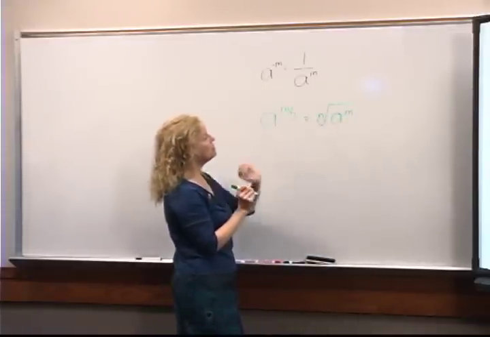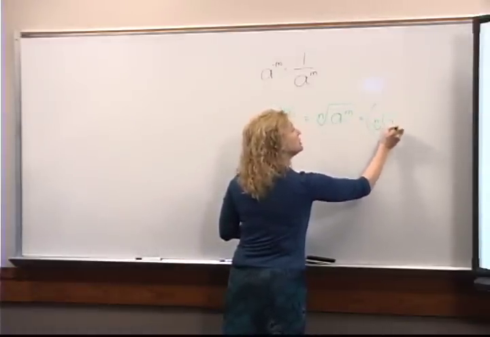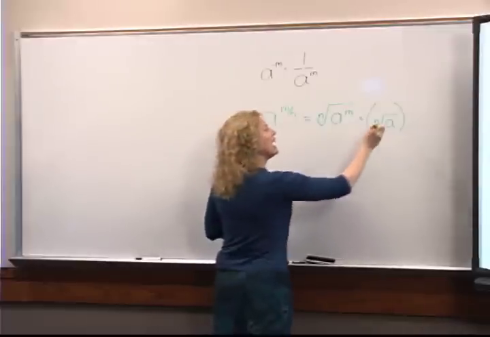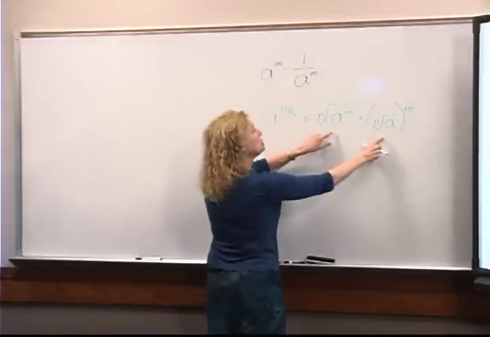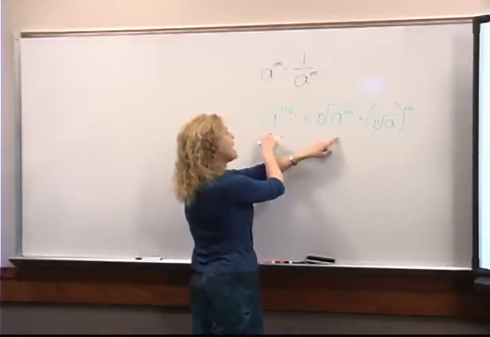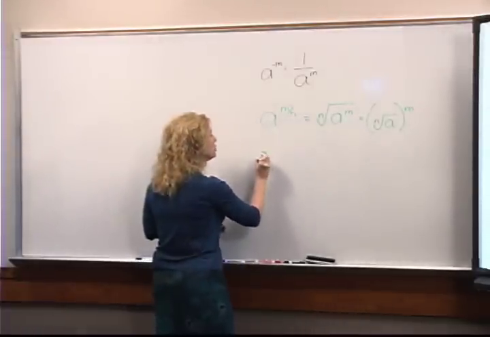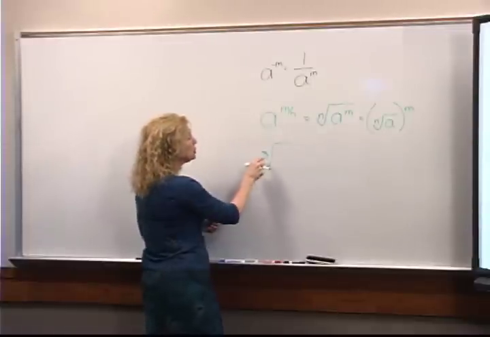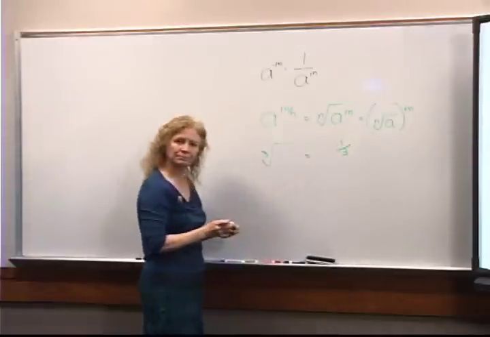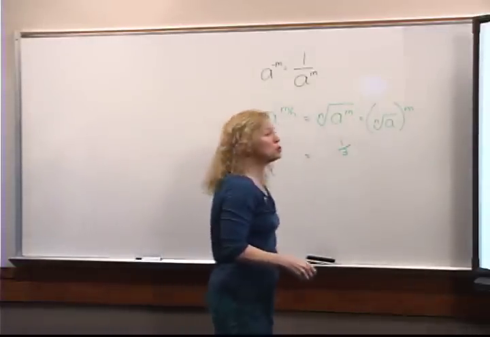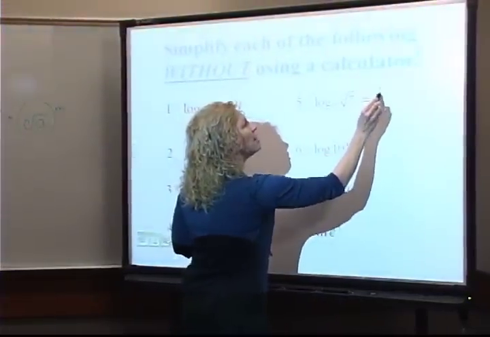Now, sometimes it's more convenient to write it like that, and sometimes it's more convenient to essentially do the root process first and then raise the result up to the power. Either of these two are identical to each other, and that's the meaning of that fractional exponent. So when you see the cube root of some number, you realize that it's going to be that number to the 1/3 power. Okay? So, to what power are we raising 7 to get the cube root of 7? Well, that would be 1/3.